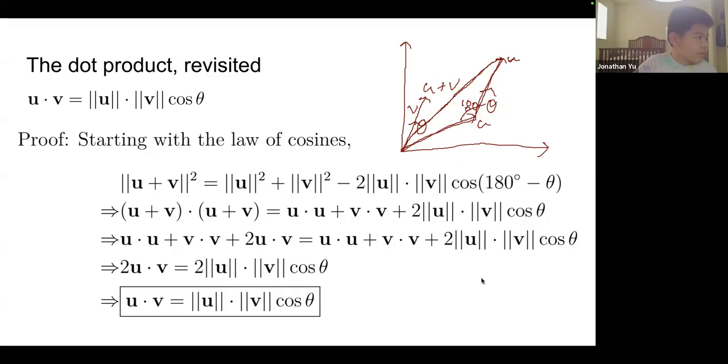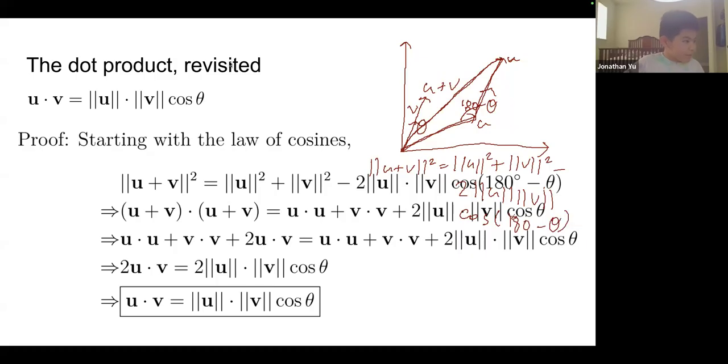So this length squared, or the norm of u plus v squared, equals this length squared, or the norm of u squared, plus this length squared, or the norm of v squared, minus 2 times the norm of u times the norm of v times the cosine of this angle, which is 180 minus theta.